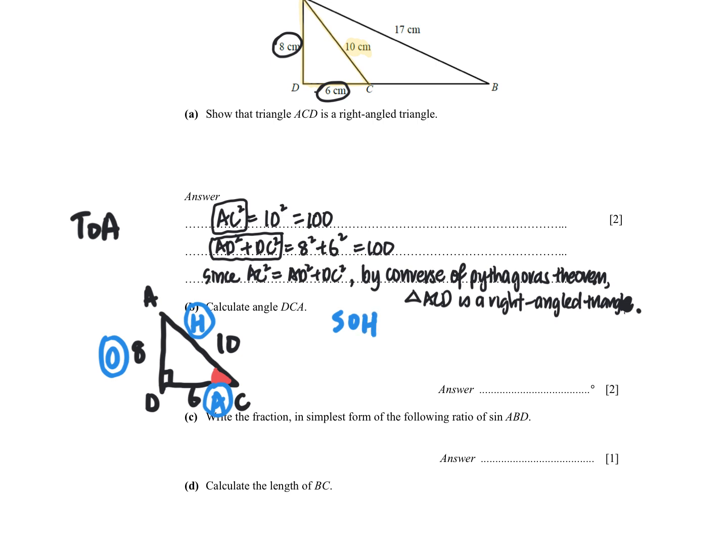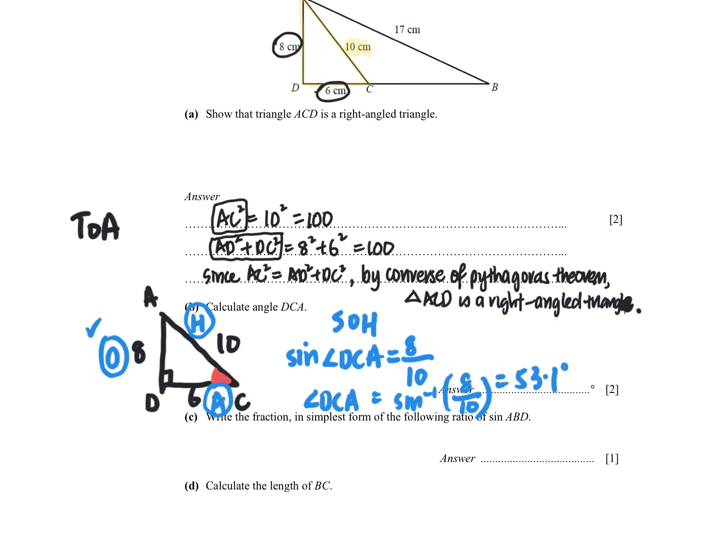So you can write sine of the angle DCA is equal to O over H. So to find DCA, you just take sine inverse, then 8 over 10. So you press calculator, shift sine, followed by 8/10. Okay, you will get the answer as 53.1.